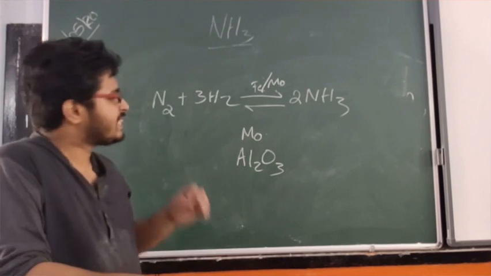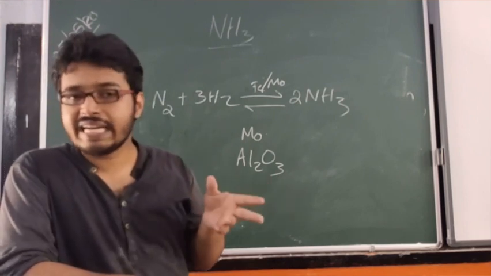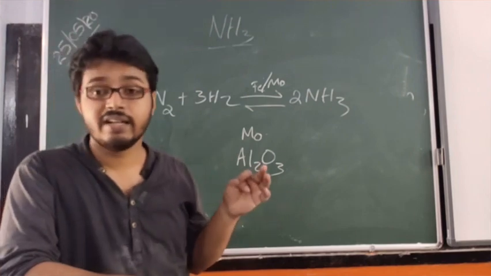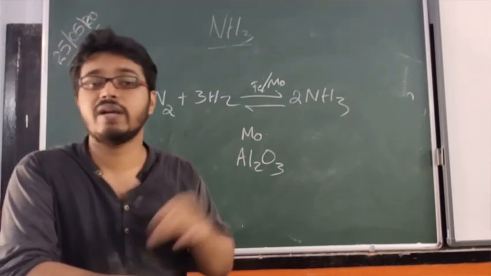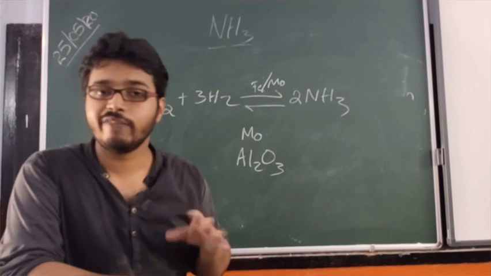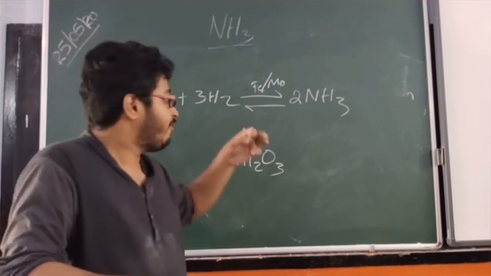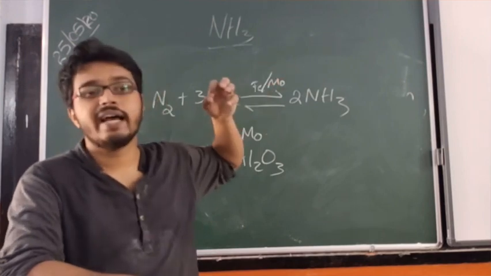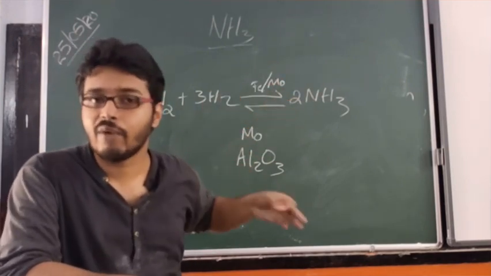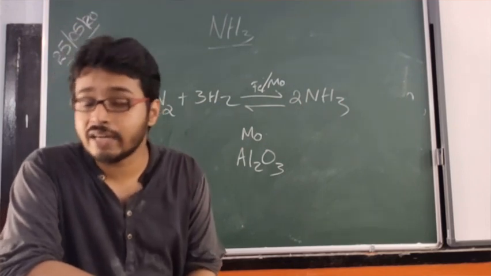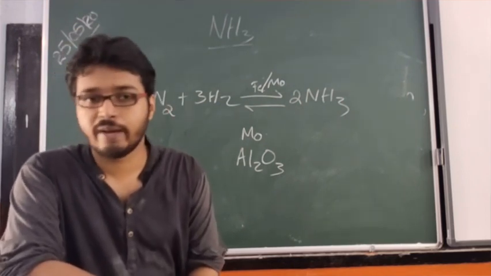If any of these gases, carbon dioxide, carbon monoxide, oxides of sulfur, as well as H2S, are present and attach to our catalyst, the rate or efficiency of our catalyst will reduce to a very low amount.